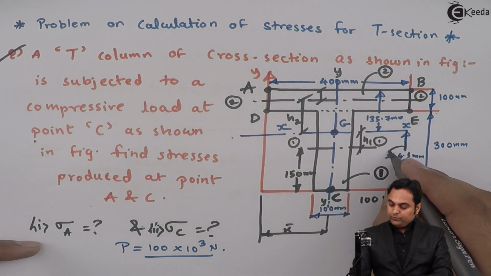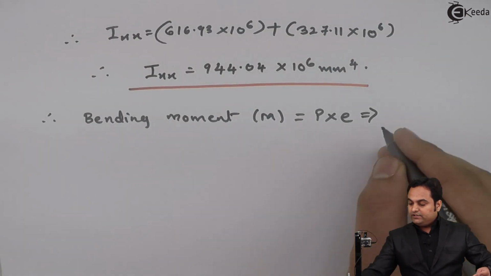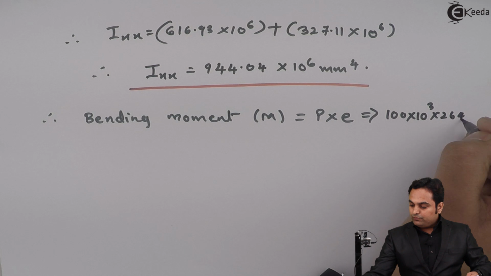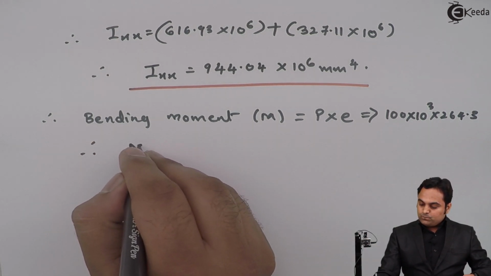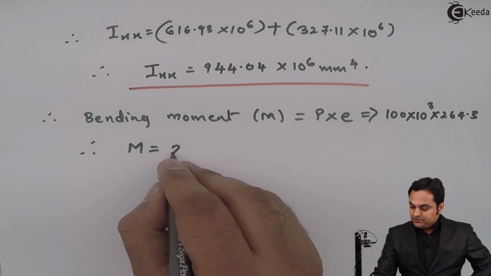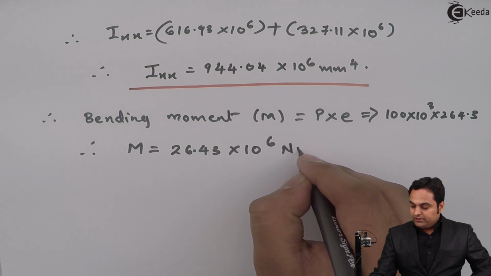So 264.3 becomes the eccentricity and the load is 100. Here I'll write 100 into 10 raised to 3 into 264.3. So the bending moment comes out to be 26.43 into 10 raised to 6 Newton mm.